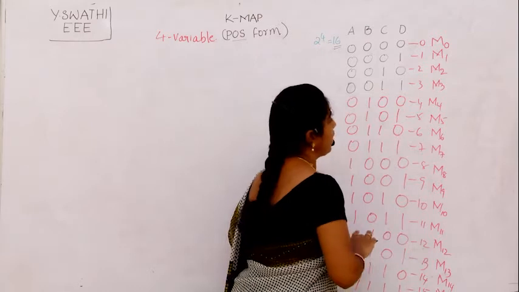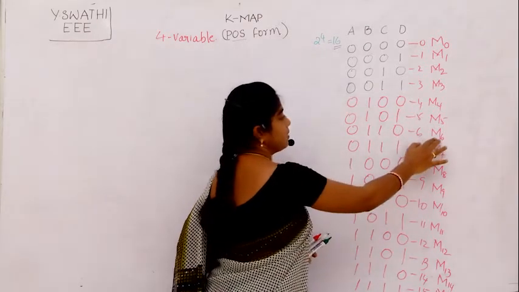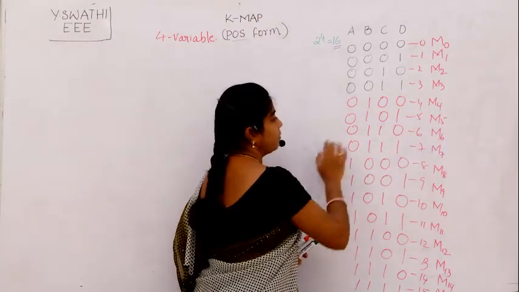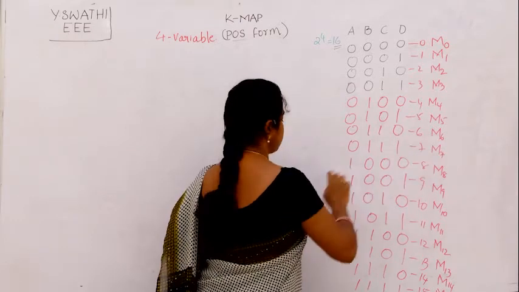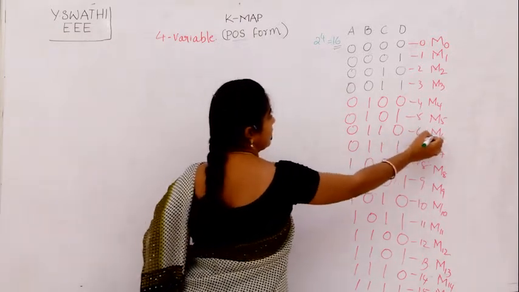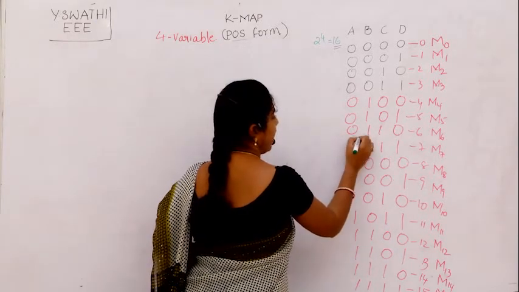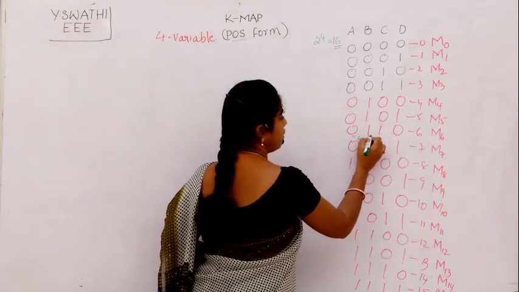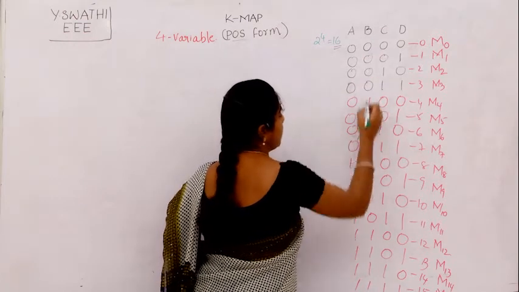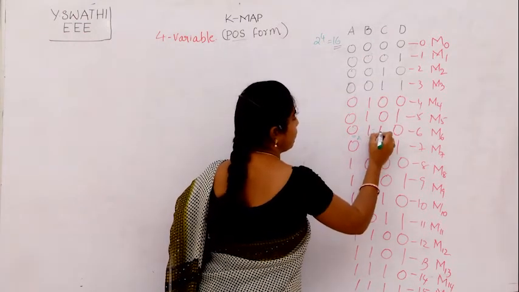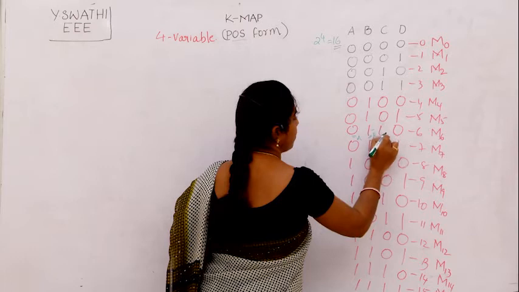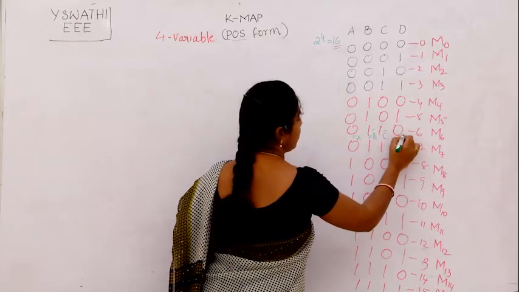Now if I want to write any max term in the form of variables, how can I write M6? M6 is nothing but 0110. So 0 means A is in uncomplemented form, 1 means B is in complemented form, 1 again means C is in complemented form, and D is in uncomplemented form.